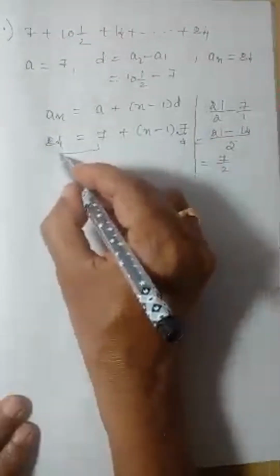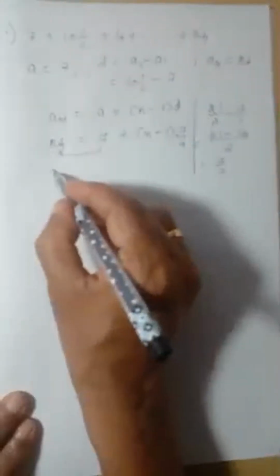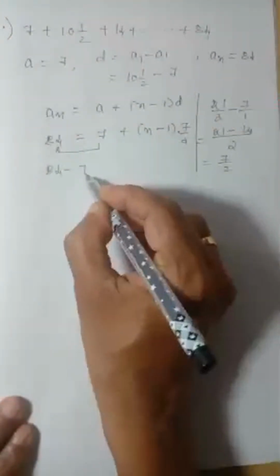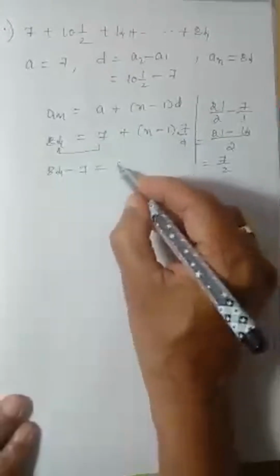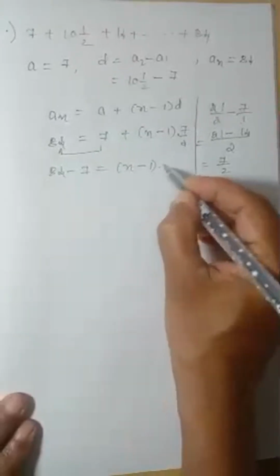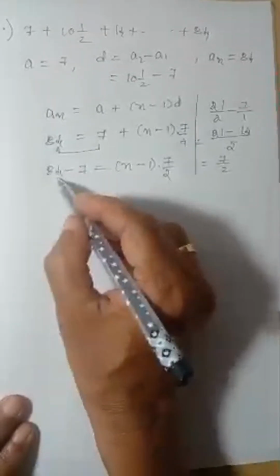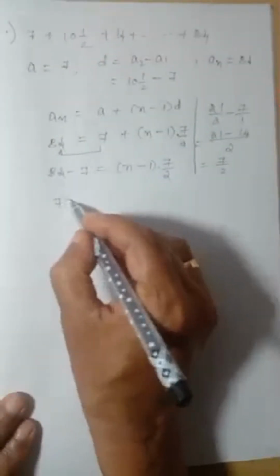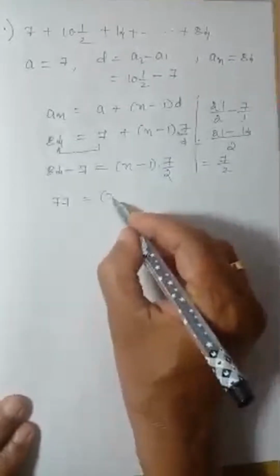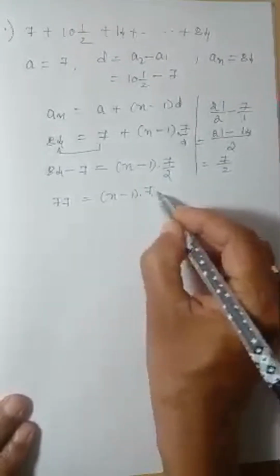Now, transpose this one. Why? Because the plus sign is there. 84 minus 7 is equivalent to n minus 1 into 7 by 2. Subtracting 7 from 84, we get 77 is equal to n minus 1 into 7 by 2.